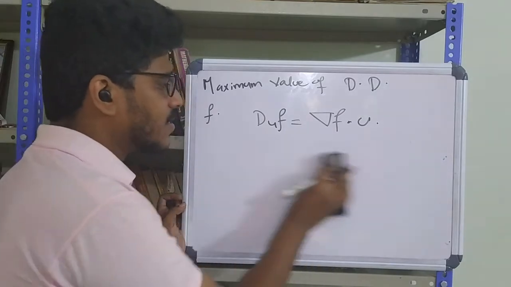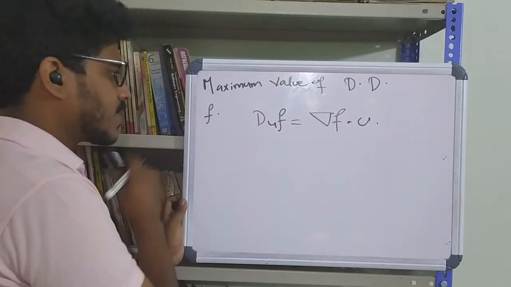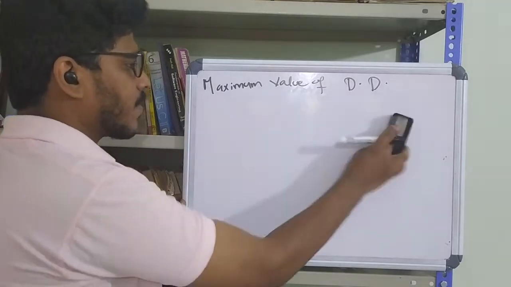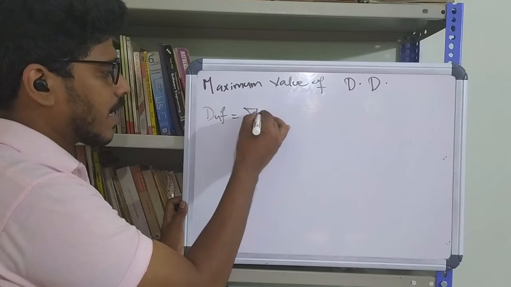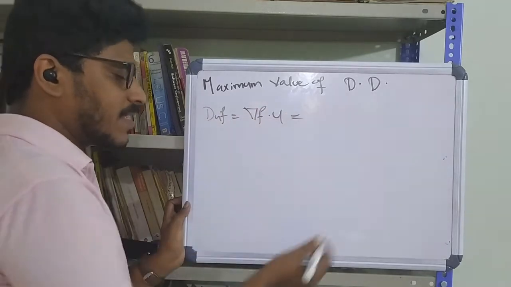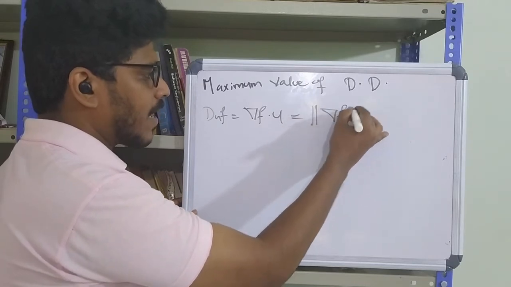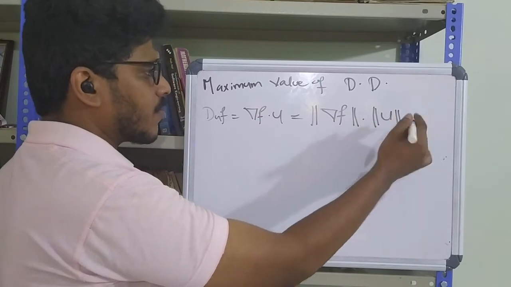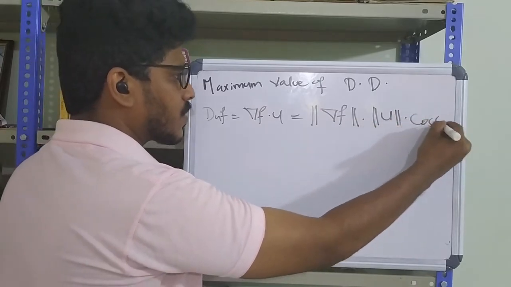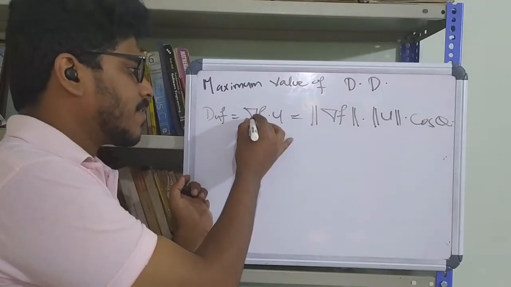Okay, so if this is the case, Du f can also be rewritten as, let's start from an end. So Du f is equal to grad f dot u, which can also be rewritten as absolute value of grad f into absolute value of u into cos theta, where theta is the angle between grad f and u.